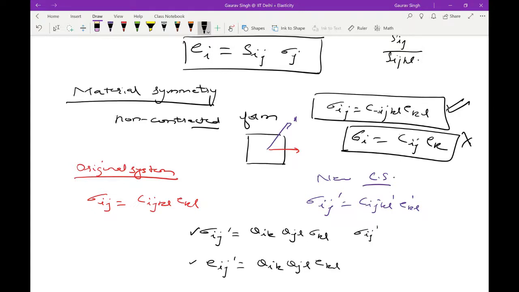So in that case, you would have sigma ij equal to qki qlj sigma dash kl, and eij equal to qki qlj e dash kl.